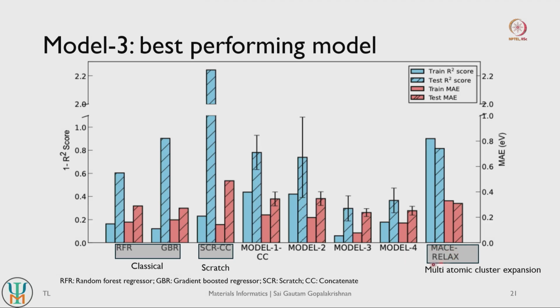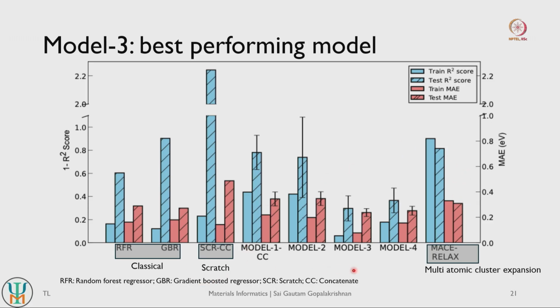And then the rightmost column basically indicates the MACE or multi-atomic cluster expansion universal interatomic potential. So we did discuss the origins of MACE in our previous lecture on machine learning interatomic potentials. You can use these architectures such as MACE to predict migration barriers as well. So we basically evaluated the performance of these universal models as is, without any fine tuning or any updating of these models on their predictions of the migration barriers.